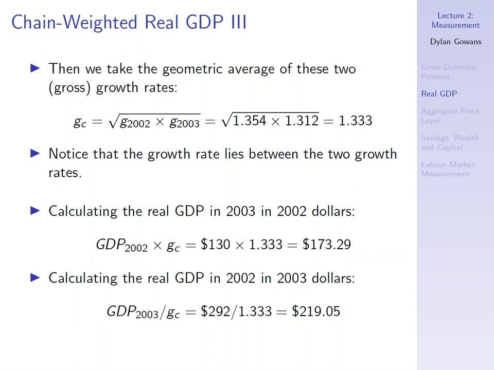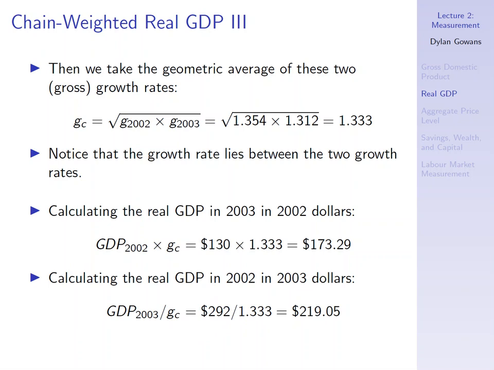Going the other way, maybe we want the real GDP of 2002 in 2003 dollars. Well, in that case, we would divide by the growth rate. We're going backwards. So we're saying, what would real GDP have had to have been in 2002 such that if we grew at a rate of 1.33, we arrive at a GDP of $292 in 2003.